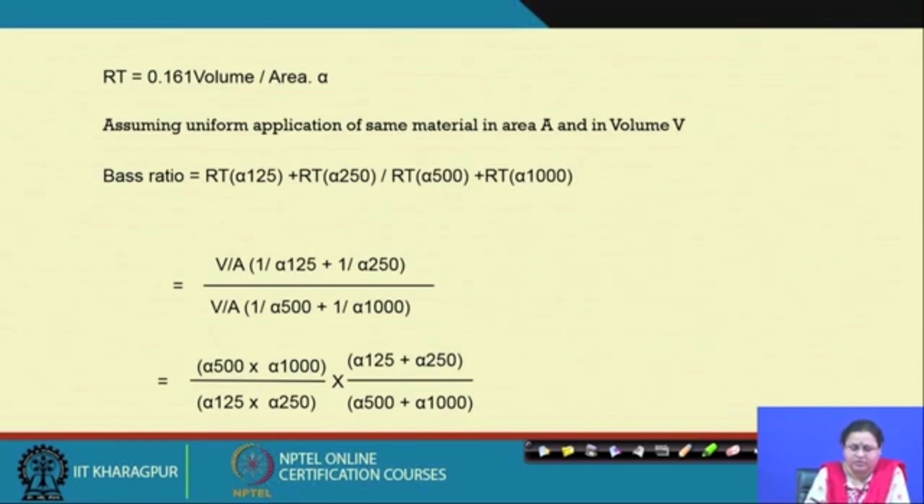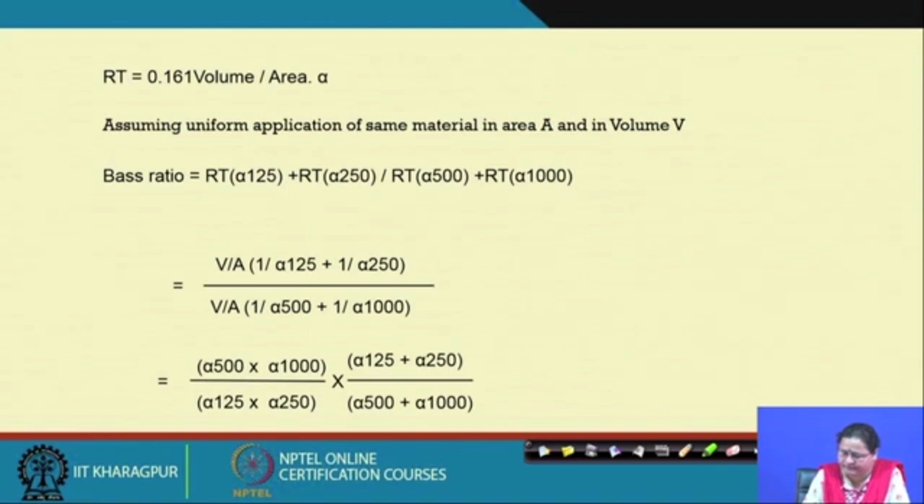As we get charts of the alpha values at different frequencies, we can make an estimate of the bass ratio while selecting absorbing materials, which will help in achieving warmth in the hall.